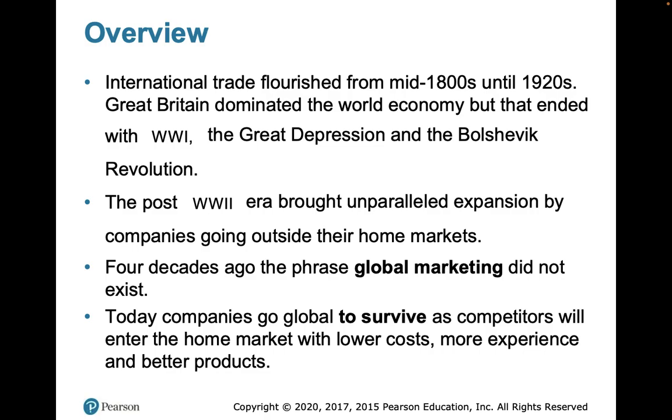Then after World War Two, there was unparalleled expansion by companies going outside their home countries, and they did it in different ways and methods suitable to them.